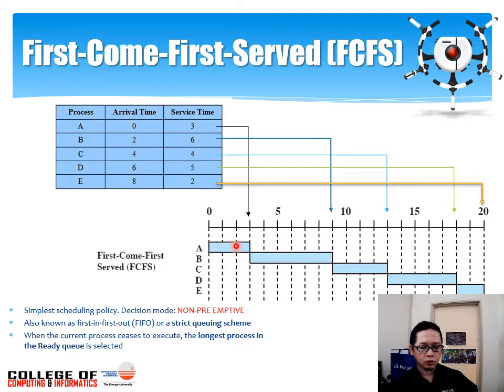So A executes until it finishes, and then B executes until it finishes, then C, then D, and E executes until it finishes. So this is a non-preemptive method. It's very straightforward, but there is a downside. We will look at the downside later on. What is the downside? Look at the next following slide.